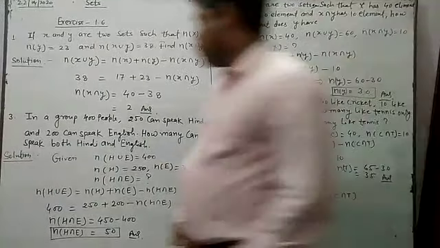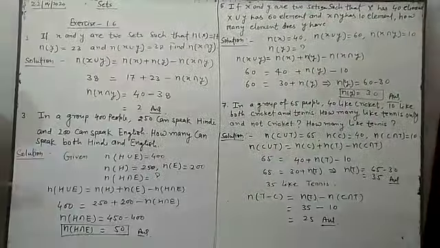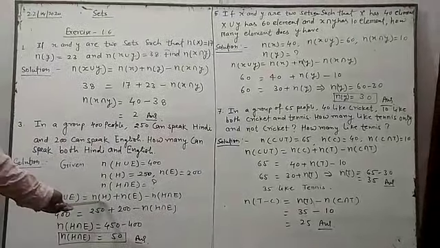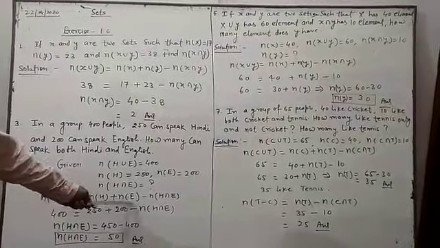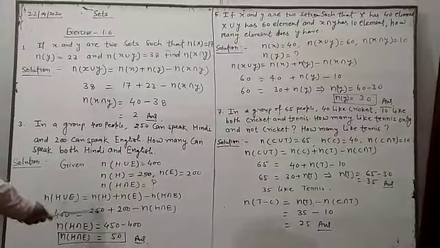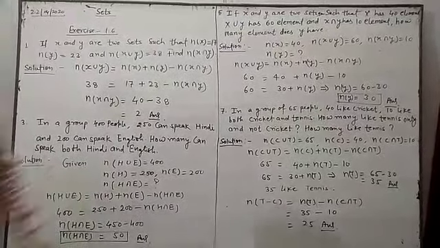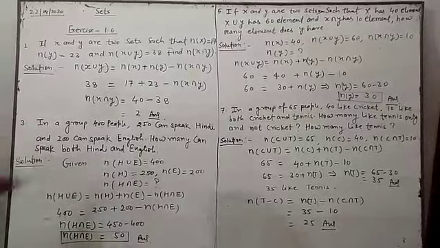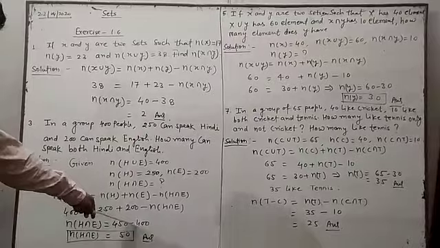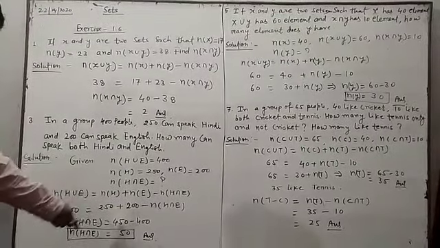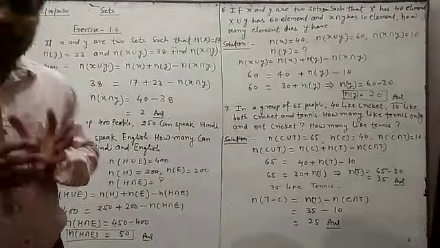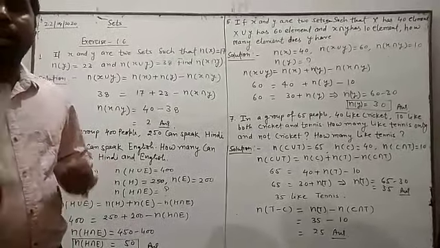We have to use the formula: n(H union E) is equal to n(H) plus n(E) minus n(H intersection E). We put in 400, 250, 200 minus this one. Now we transpose this to this side, so we get positive, and 400 transfers here, so we get minus. 250 plus 200 is 450, minus 400 is equal to 50. It means 50 people can speak both Hindi and English.